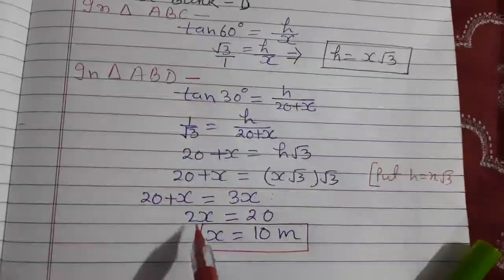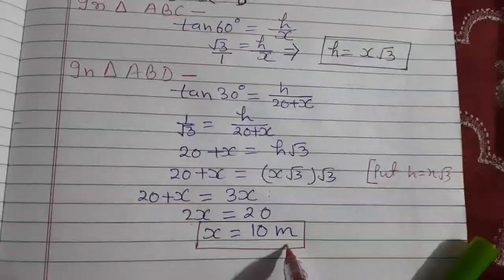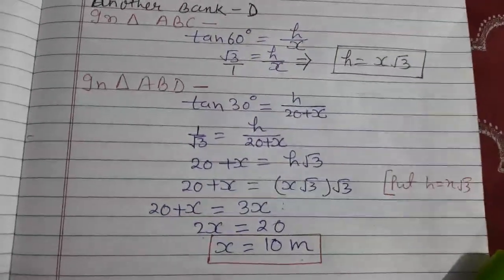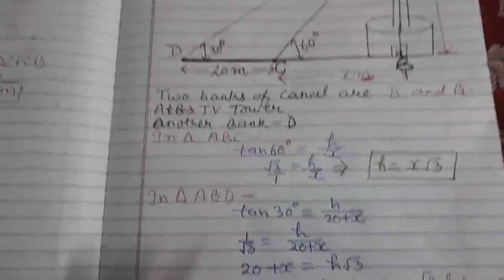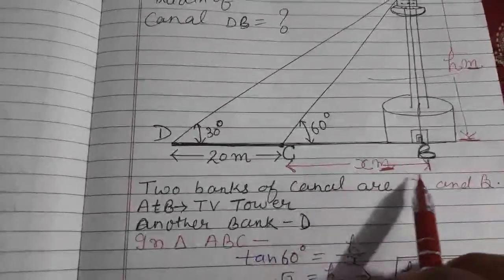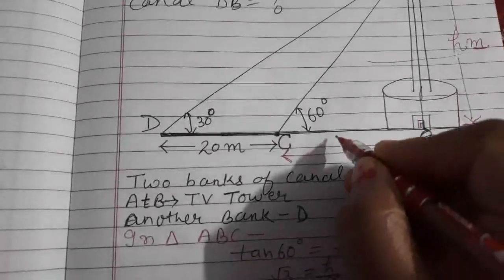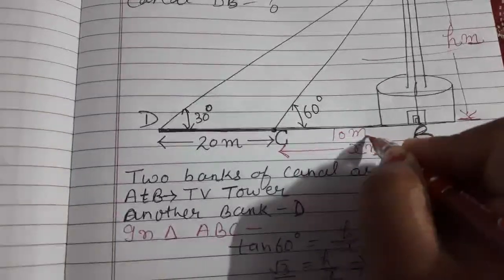So 3X minus X will be 2X is equal to 20. So X is equal to 10 meter after dividing by 2. That means the distance of the second point from the foot of the transmission tower is 10 meter.